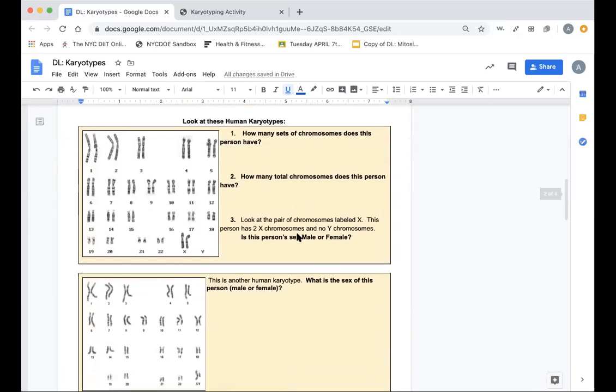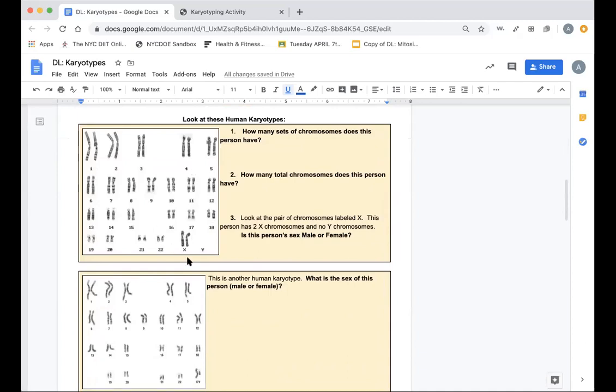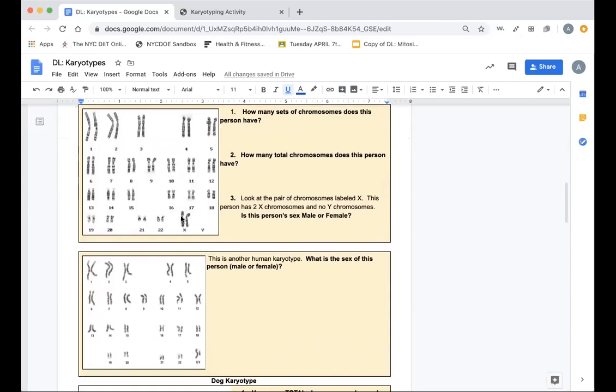All right, so the first genotype, we've got 23 sets, which means it's probably a person. And you'll see that the X and the Y chromosomes are down at the bottom, and they tend to be labeled X and Y. You're going to look at this and determine whether this person is female or male. There are 2 X chromosomes, just as a hint.